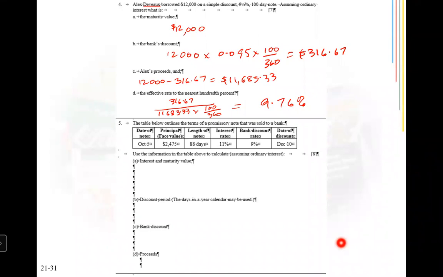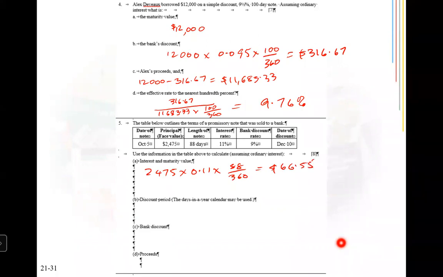Okay, and the last question, the interest and maturity value. That's going to be 2,475 times 0.11 times 88 over 360, which gives you $66.55.